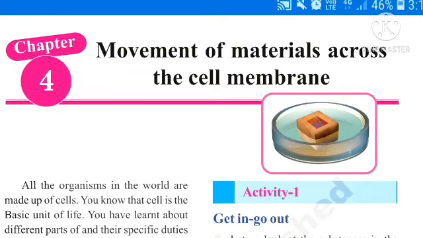Next one, we can observe the structure of the cell membrane only through an electron microscope. The cell membrane is flexible and it is made up of mainly lipids and proteins.